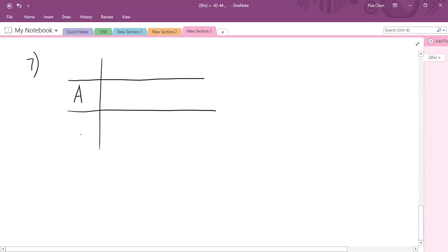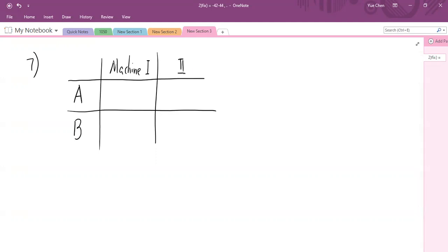This is product A and this is product B. This is machine 1 and this is machine 2. The number of hours needed to produce 1 unit: on machine 1, product A needs 2 hours. On machine 2, it needs 3 hours.